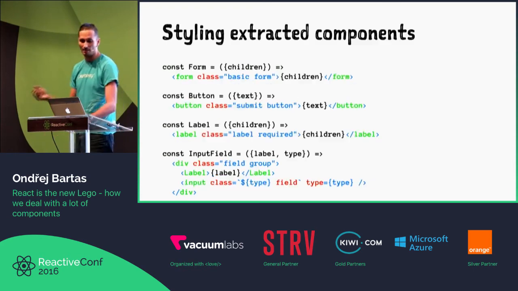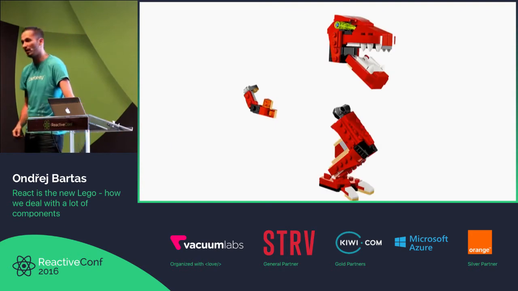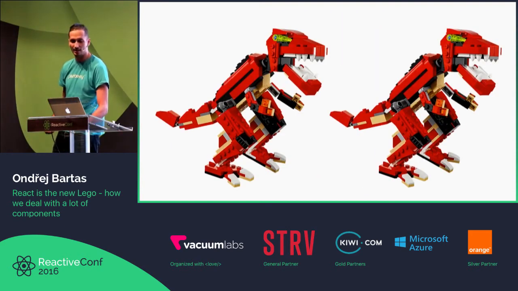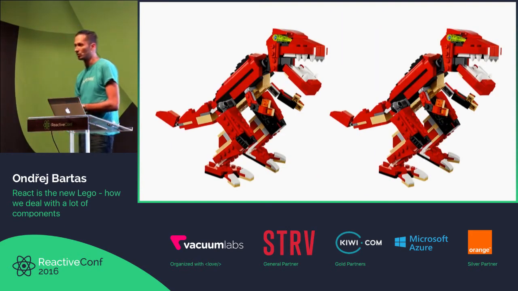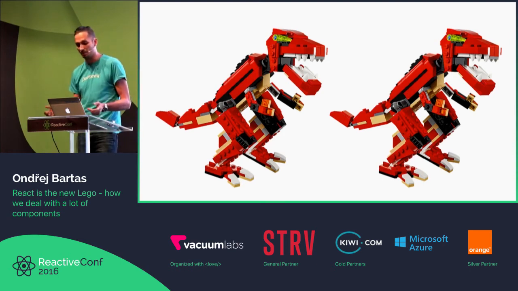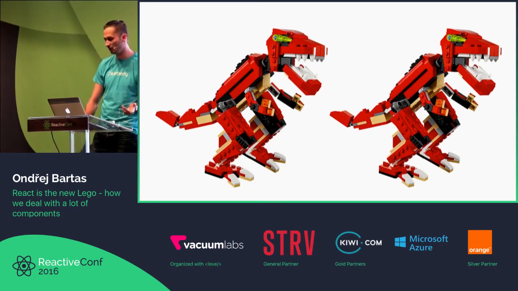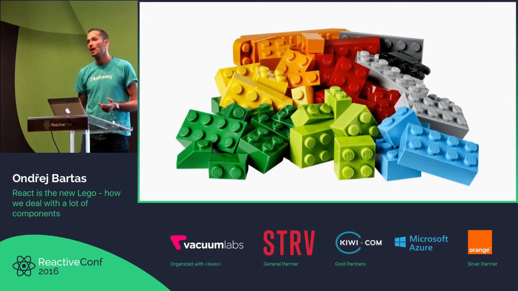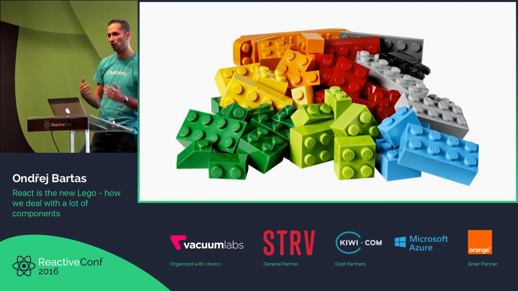Very easy. And when somebody styles them, it's not such a big deal because you will end up with colored components, and then you will end up with 2 dinosaurs, which are exactly the same, with different functionality, but they look the same. But the main problem with this approach is that you will end up with lots of components.